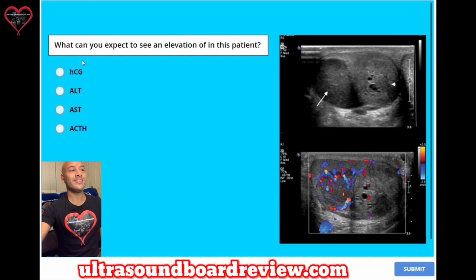Question 131. What can you expect to see an elevation of in this patient? A, HCG, B, ALT, C, AST, or D, ACTH?